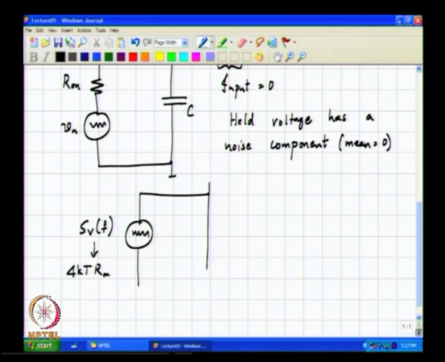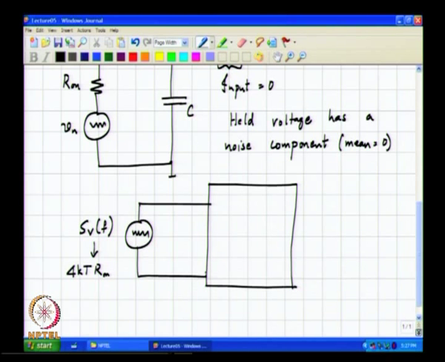Now, all I have done is taken this noise source and passed it through a filter which has a transfer function of h of f, and I am interested in finding the mean square value of this waveform.